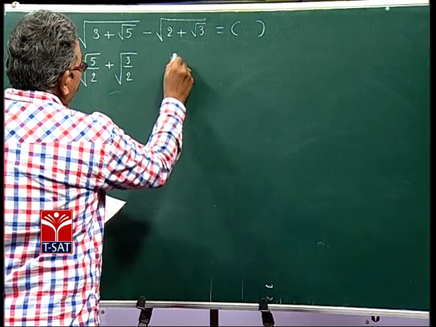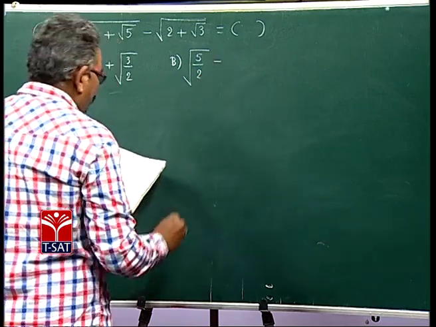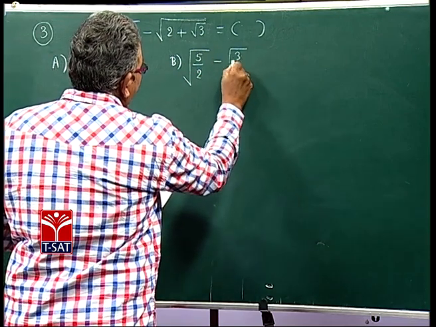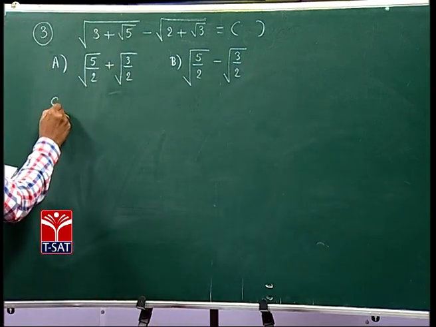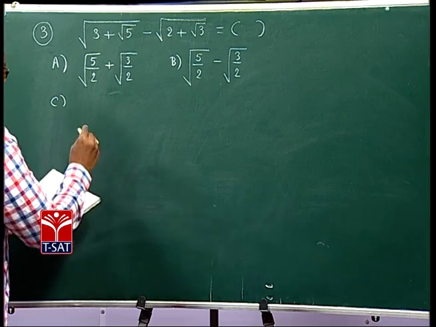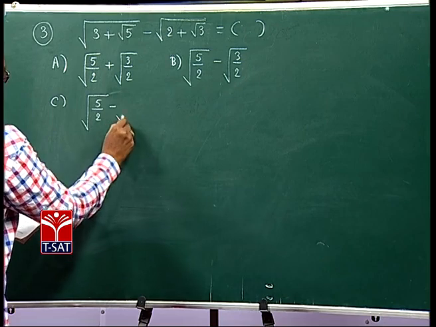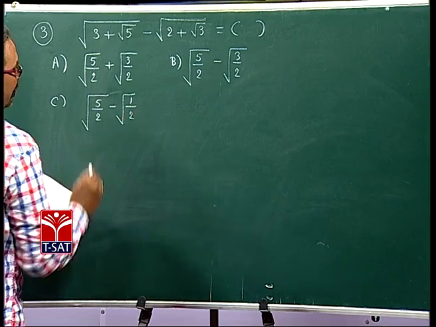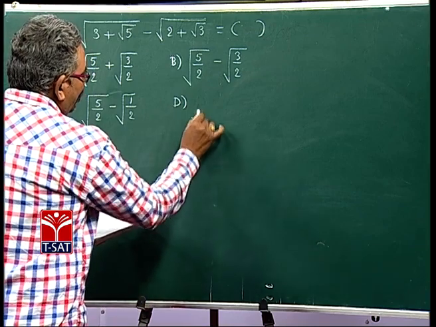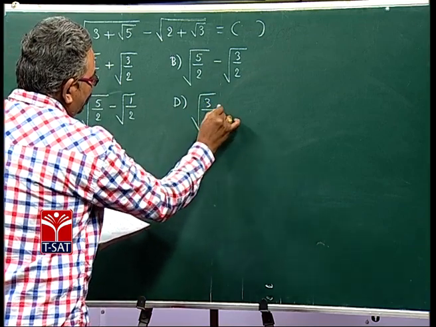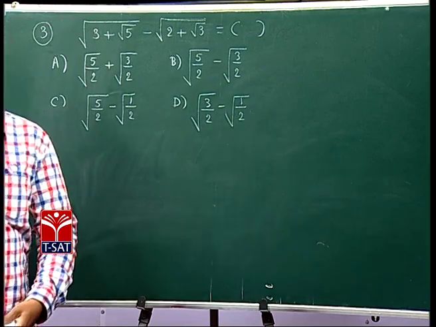B, root of 5 by 2 minus root of 3 by 2. Now option C, root of 5 by 2 minus root of 1 by 2. Option D, root of 3 by 2 minus root of 1 by 2. This is the problem.